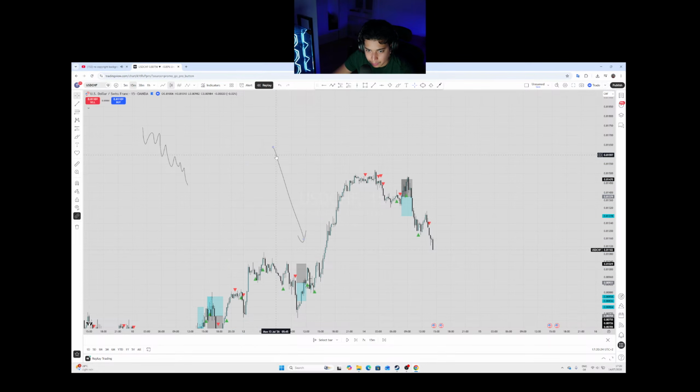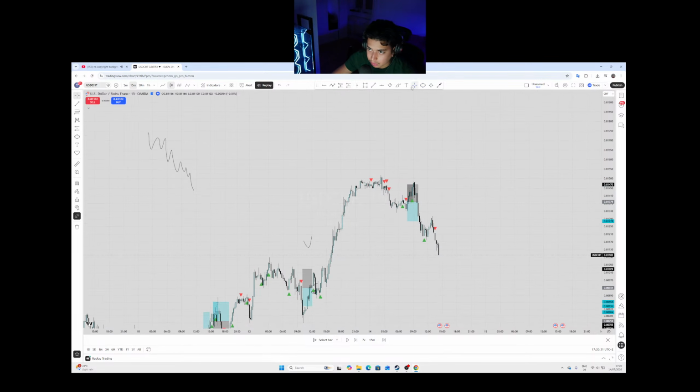There was an imbalance right here, and the market was making bearish price action, and I was thinking the market will target this imbalance. So that's why I put the trade.